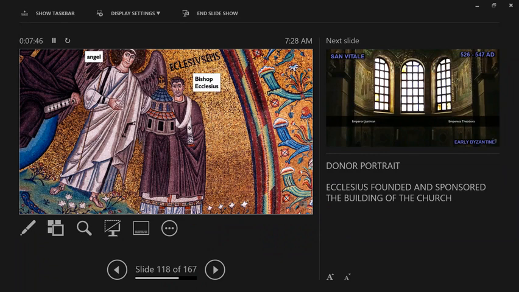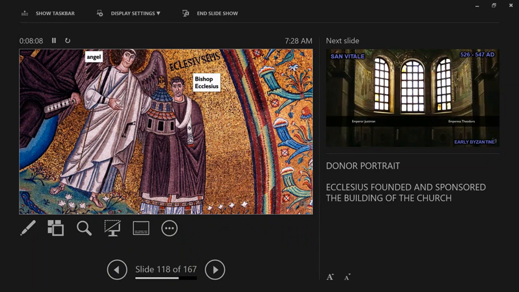So let's look at this guy right here, this bishop. He is holding a miniature building. The miniature building is a model of the church that you're standing in. And the message here is that the bishop is saying, I made this church for Jesus.